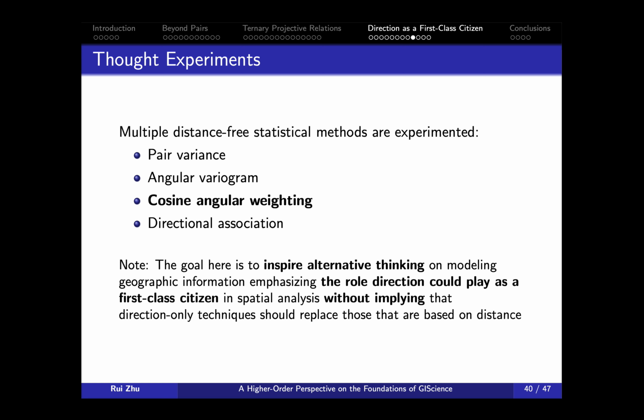Moreover, it is worth noting that the ultimate goal here is to inspire alternative thinking on modeling geographic information, with an emphasis on the role direction could play as a first-class citizen in GIScience. It does not imply that direction-only techniques should replace those that are based on distance.